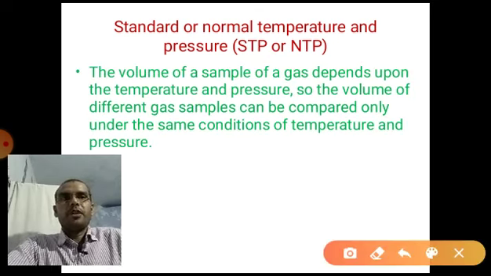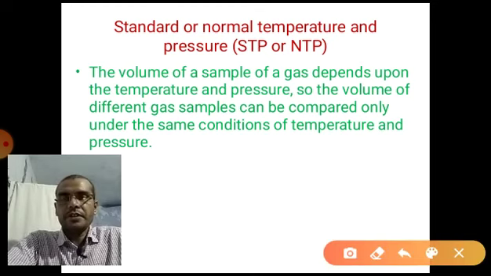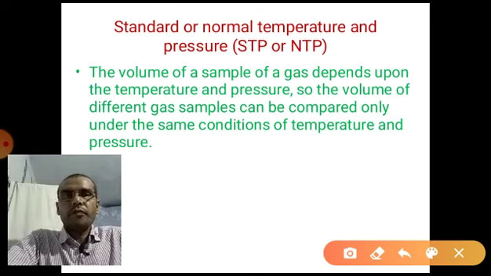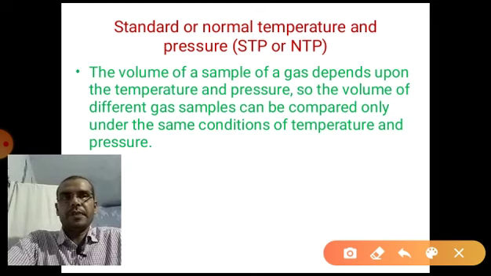The volume of a sample of a gas depends on the temperature and pressure, according to the combined gas law equation, or Boyle's law and Charles' law also.